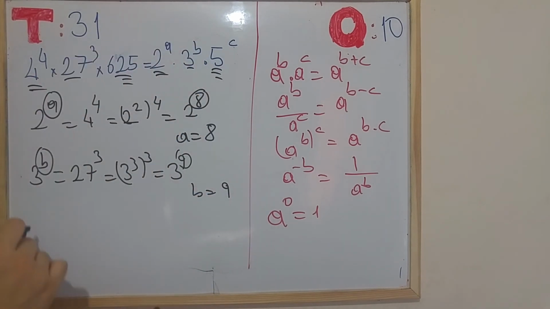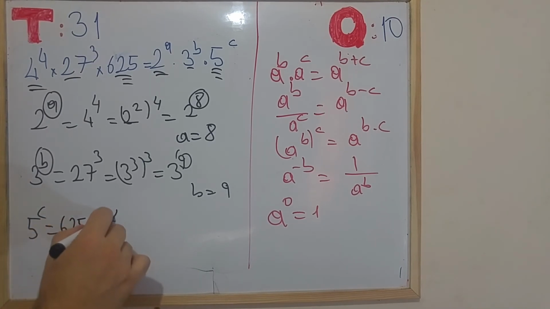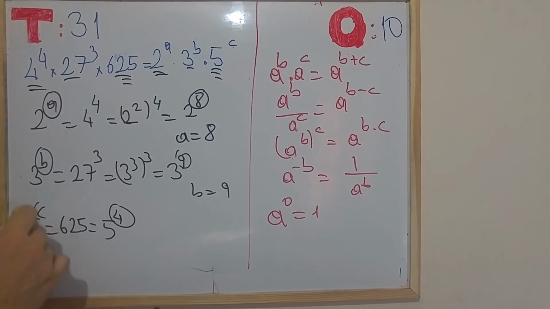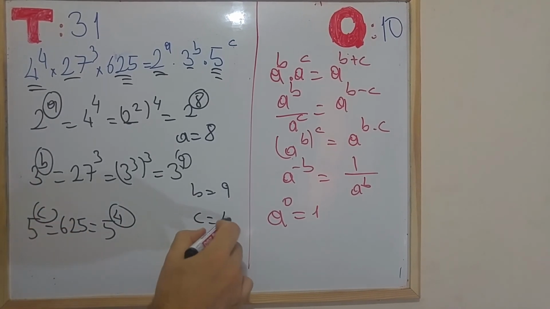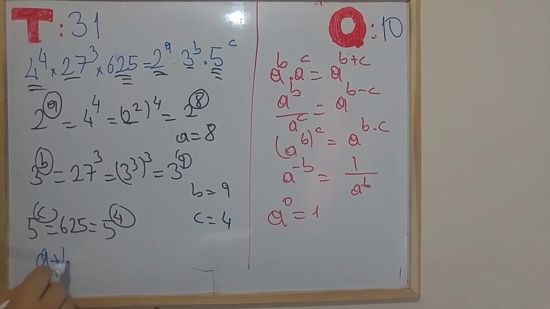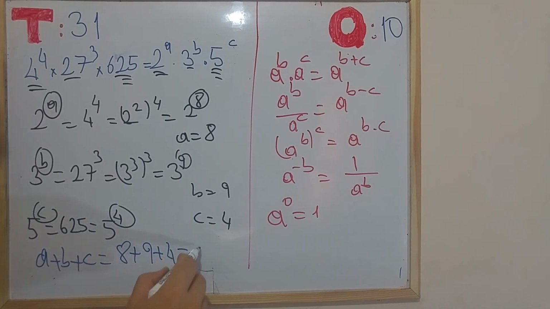And let's come to the 5. 5 to the c is equal to 625, which is equal to 5 to the 4, as you will remember. This means that c is equal to 4. And what I have is a plus b plus c is equal to 8 plus 9 plus 4, which is equal to 21.